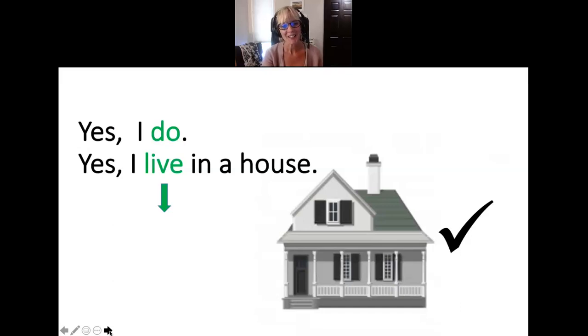Yes, I live in a house. We usually say one or the other. You can say, sorry about that, yes, I do live in a house. That's also okay. But a little shorter is yes, I do, or yes, I live in a house.